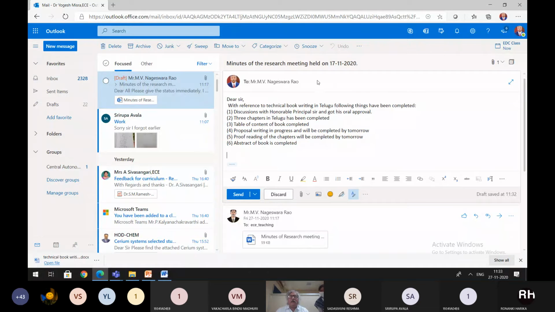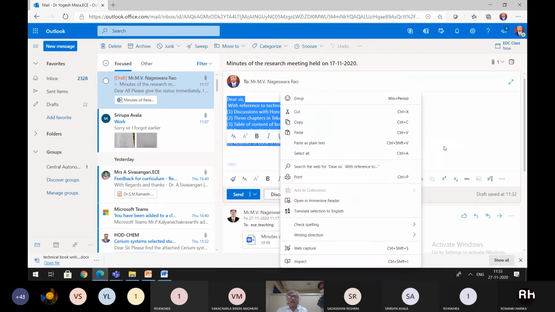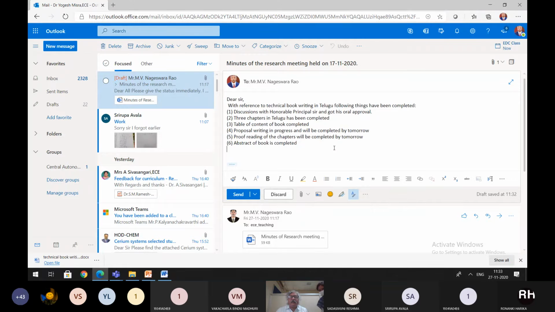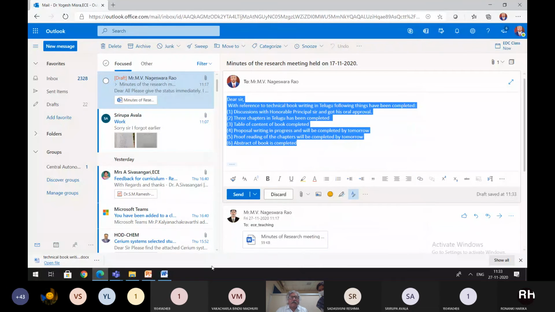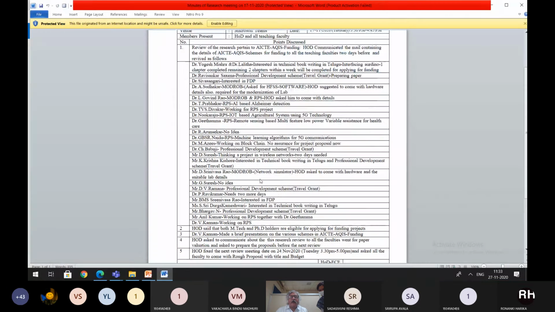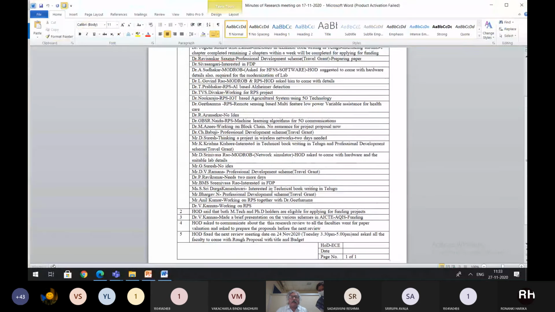So here I want to add your mail also. How can I add? CC. You copy it into a new, fresh mail. Then you can put CC. Copy, and I will add here so that if the mail is lost, it will not be difficult.